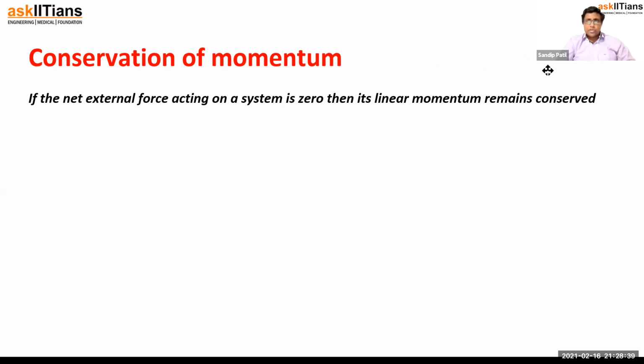If you remember Newton's first law of motion, he said that the body will be at rest or will be in motion, it will keep it in motion, but he also attached one condition there: unless and until an external unbalanced force acts on that body. Same thing is here. Momentum remains constant as long as the external force acting on that system is zero.